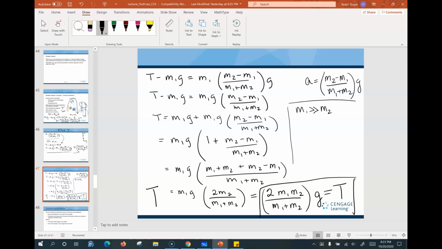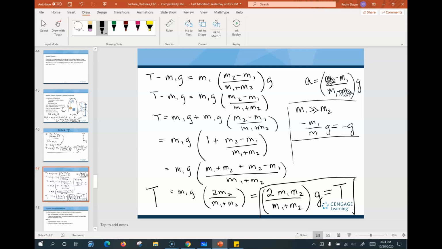What would the acceleration look like? If m1 was way bigger than m2, this would be really negligible and it would fall away. What would you be left with? You would be left with negative m1 over m1 times g, which boils down to negative g, which just means that if m1 was so big, it would just fall like it was in free fall.